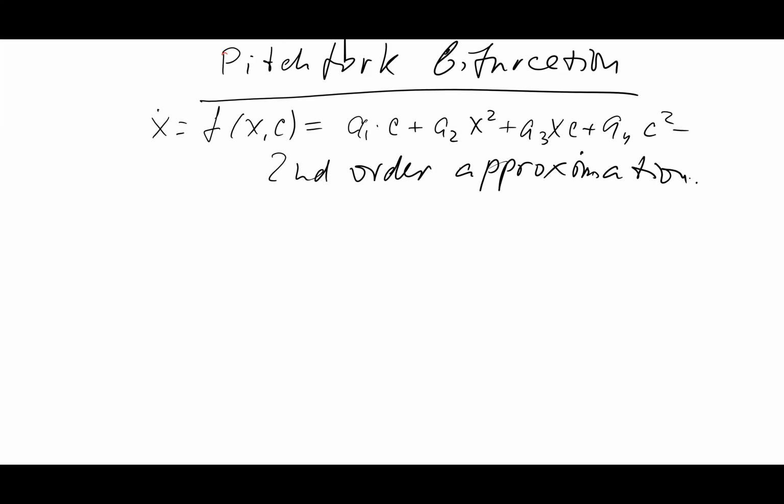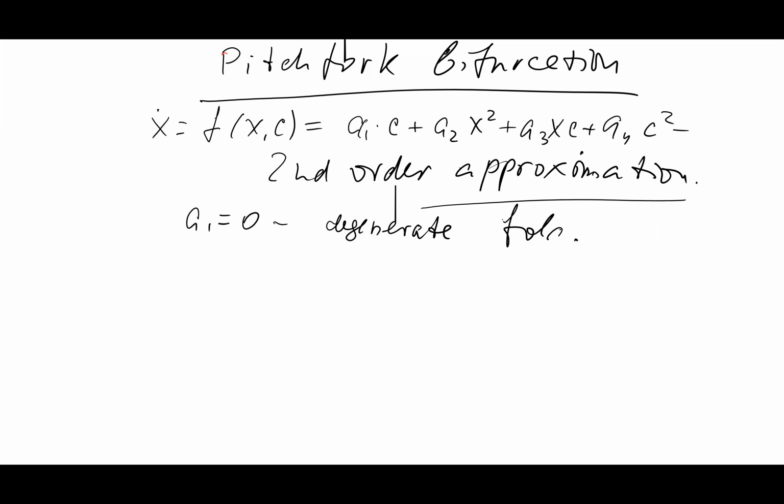So what we considered so far, a1 is 0. It is the degeneracy condition. Degenerate fold, I will put it like this. We don't have fold bifurcation if a1 is 0.